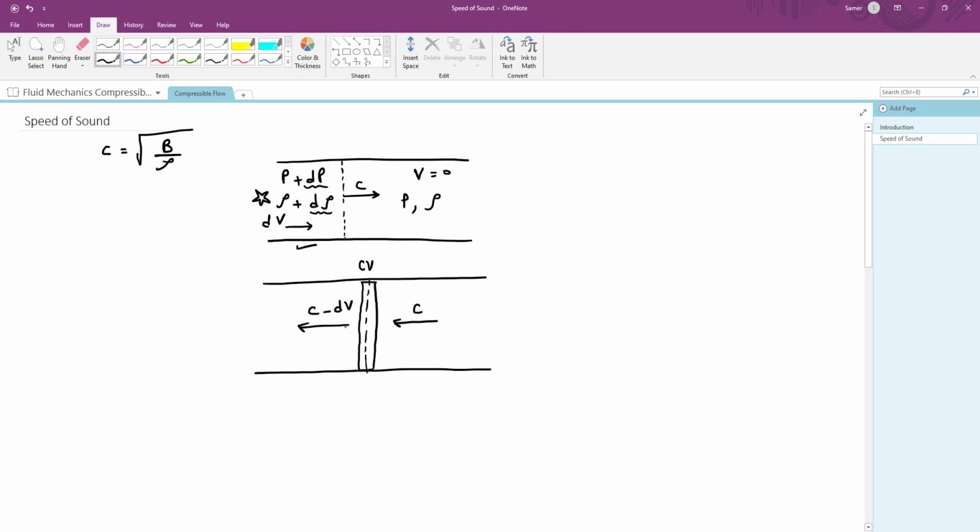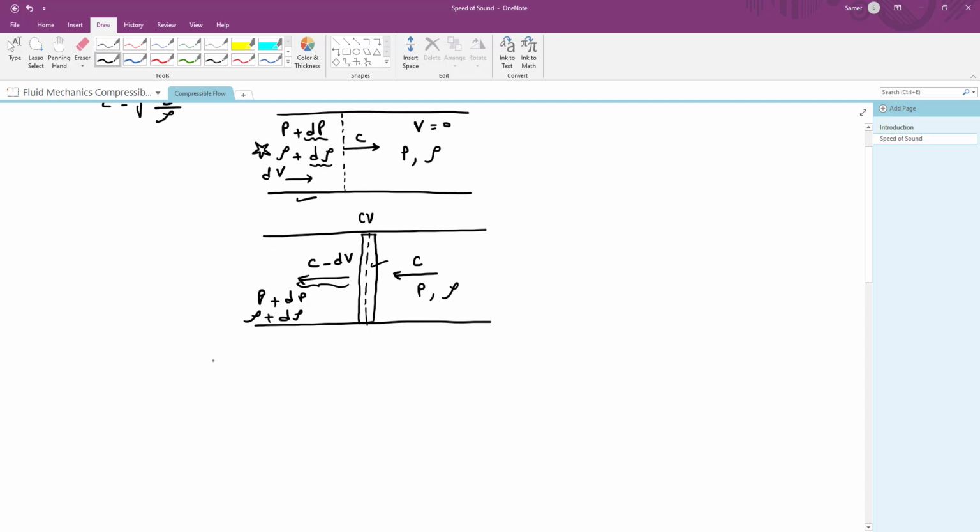So from this observer's point of view, the fluid is leaving the control volume at a reduced velocity, equal to c minus dV. And of course, let's not forget that the properties here will be P plus dP, the density is rho plus d rho, and to the right of this control volume, we have the pressure P and the density rho.